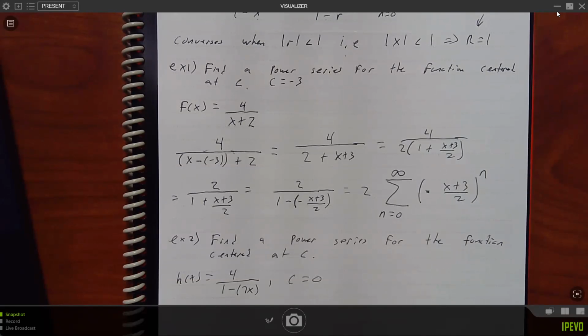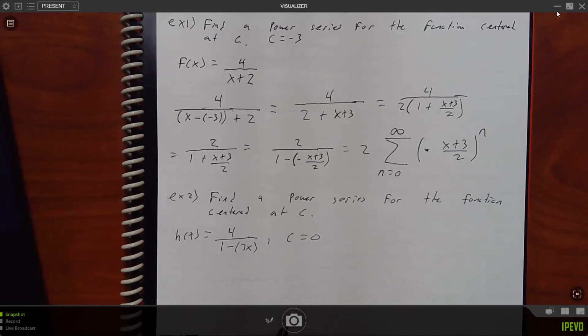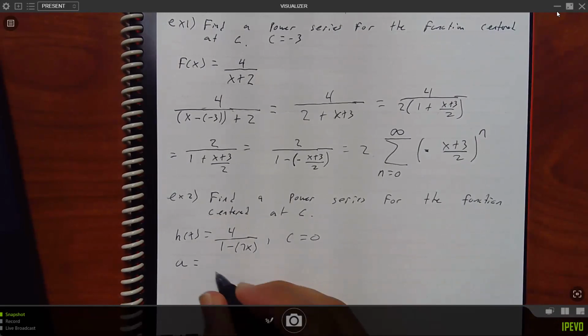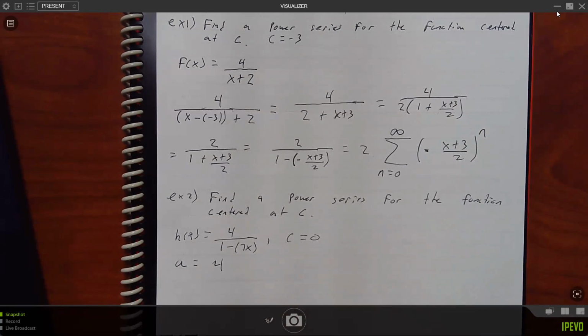Okay, so centered at 0, so we don't do anything fancy, right? What is our a? Right, well, it's already in that form, isn't it? What is a? It's 4, right?